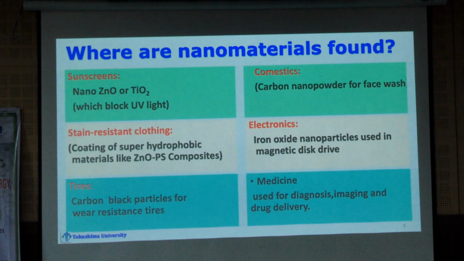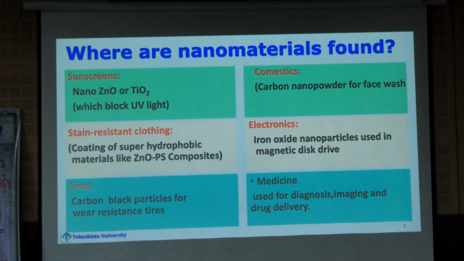Nanomaterial can be used practically in the real world. You can find the use of nanomaterial in various areas such as sunscreen, stain-resistant clothing, tires, cosmetics, electronics, and medicine. These are the different applications of nanomaterial.